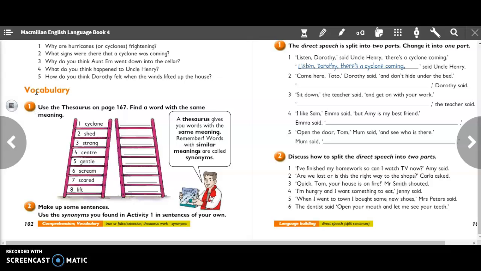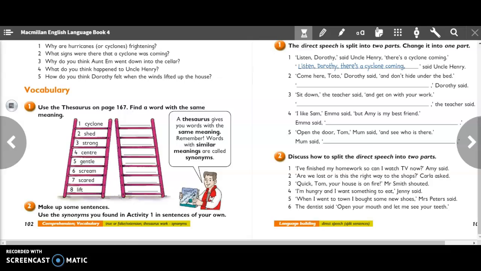Exercise 1 is where vocabulary comes in. It's saying, use the thesaurus on page 167 to find the word with the same meaning. Now, you can look for the thesaurus in the book, but if you don't have the book, there are many ways you can find the meaning of these words.